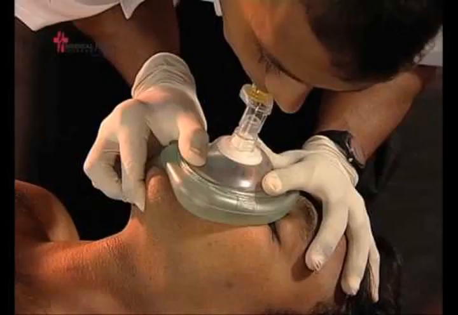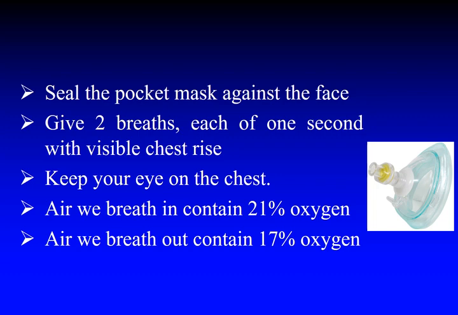The pocket mask is placed from the nasal bridge to the chin. Use the correct size of the pocket mask. Seal the pocket mask against the face. Give 2 breaths, each of 1 second, with visible chest rise. Keep your eyes on the chest.